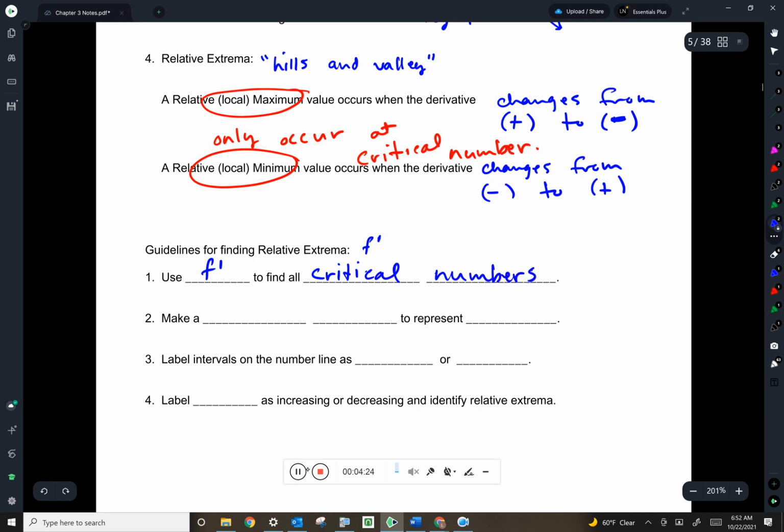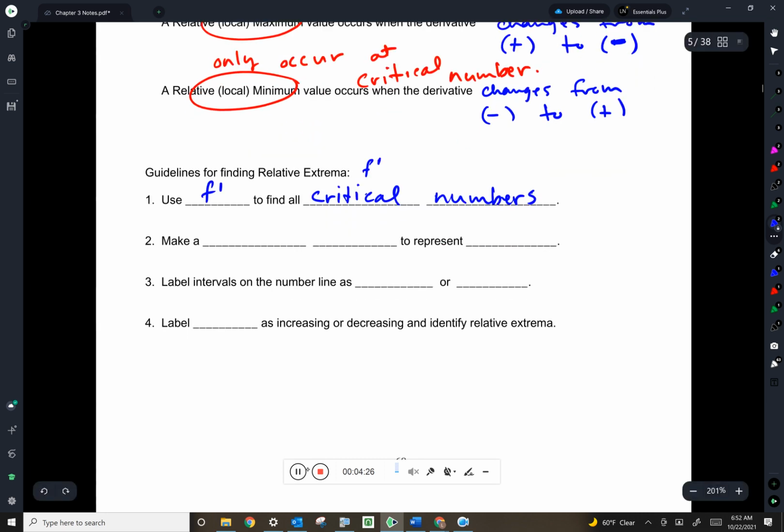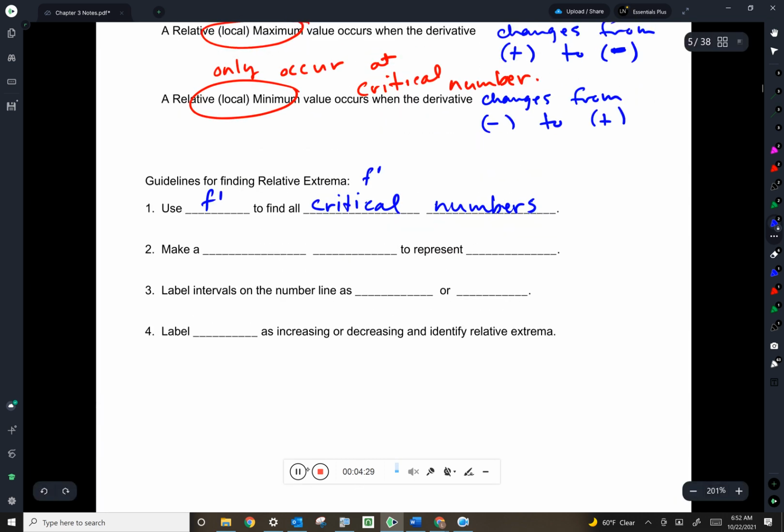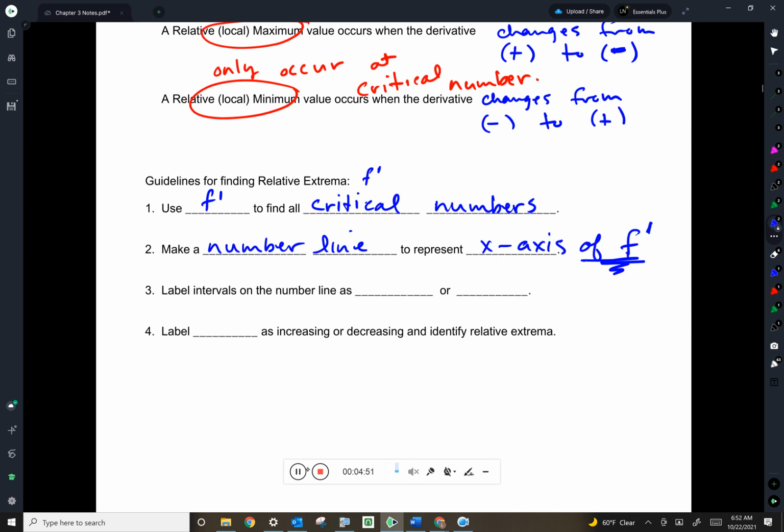Okay, so once we find our critical numbers, we're going to make a number line to represent the x-axis, and this is important, of the derivative. So you want to be sure and label that number line as the derivative. And so what we're going to do is analyze the derivative and decide whether the derivative is positive or negative.